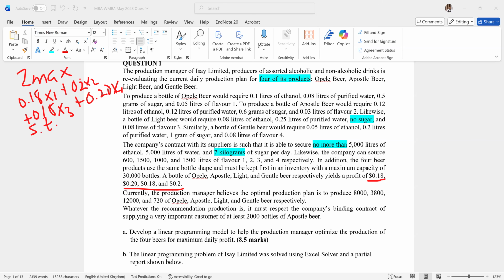If you take time and understand the entire story like this, you'll be able to know. Let's go to the first constraint. What is the name of the constraint? How would you formulate the constraint? Abaka. I will start with the flavor constraint. So Opele is 0.10x1, Apostle 0.12.